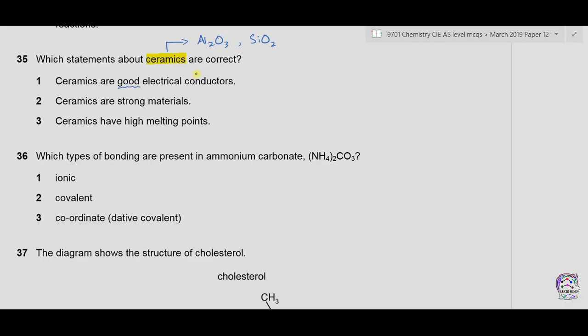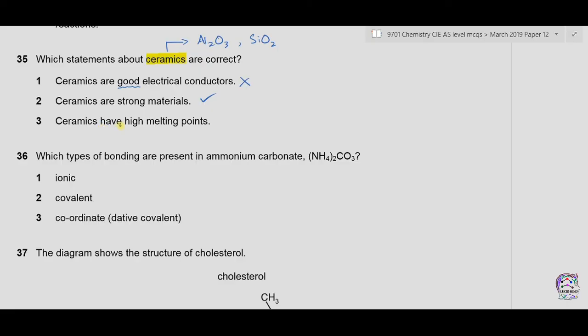As we know that there are no free electrons present in aluminum oxide and silicon dioxide, they are bad electrical conductors, so this is incorrect. The second option is that ceramics are strong materials. This is correct because the bonding in aluminum oxide and silicon dioxide is strong and the structures are giant covalent, so therefore they are strong materials.